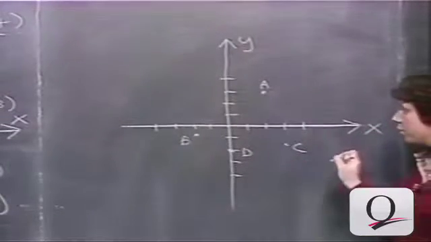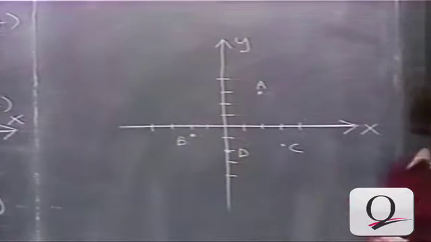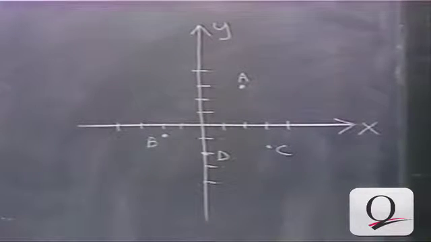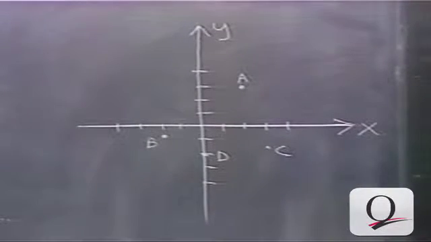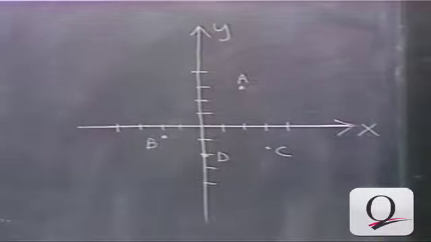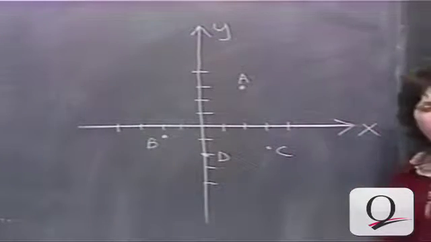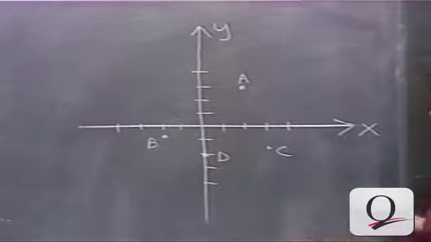I'll give you a moment to look at this. If you would like some more time to work on this, you can, of course, shut the videotape machine off and turn it back on when you're finished.